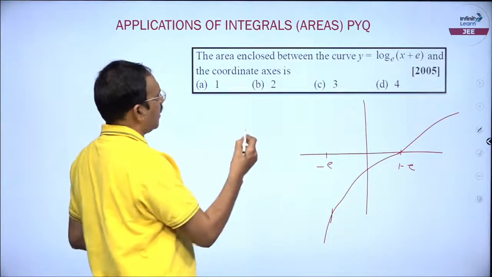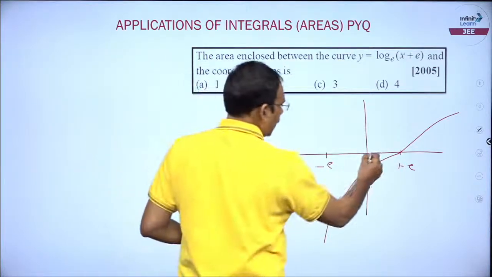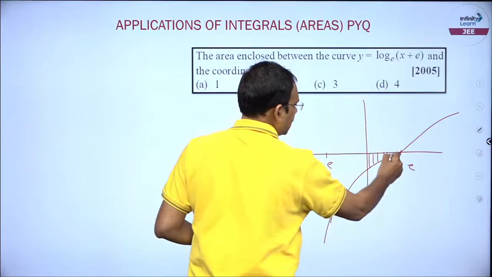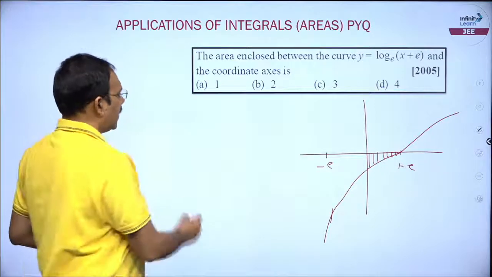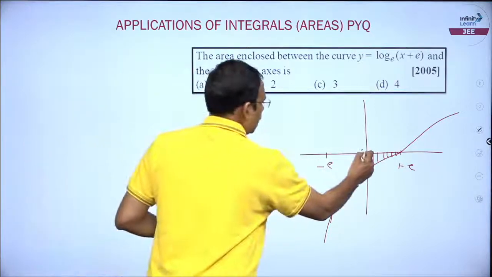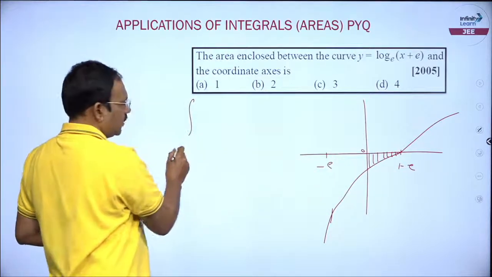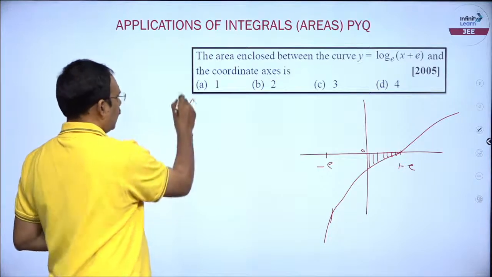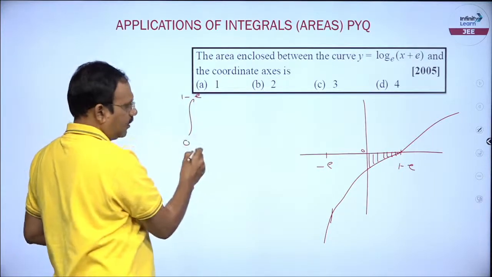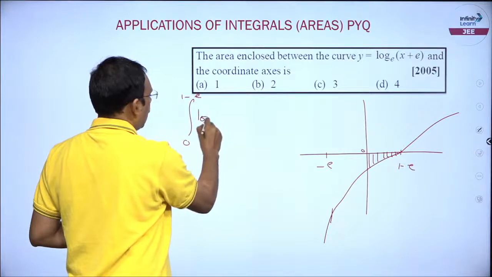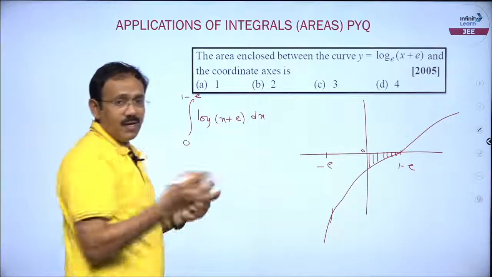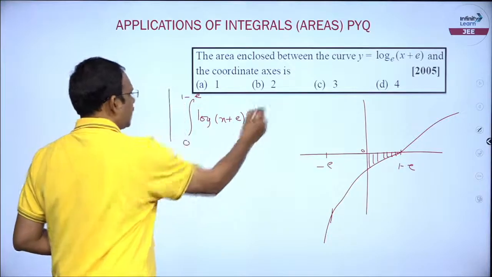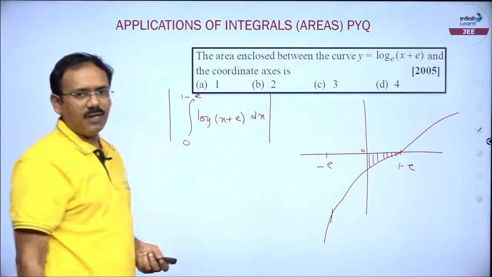Now, the area enclosed between the curve and the coordinate axes, this is the area which is below the x axis, dear friends. So, in fact, I need to write integral 0 to 1 minus e, the function is log of x plus e dx, which will be a negative number, and the modulus of this is going to be the answer.